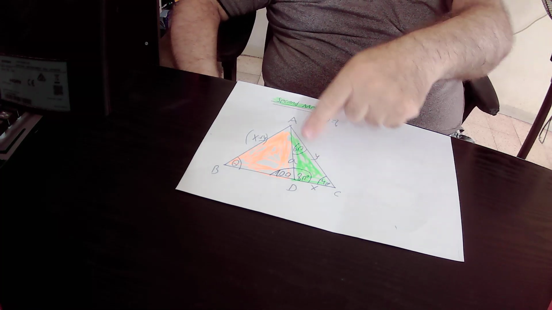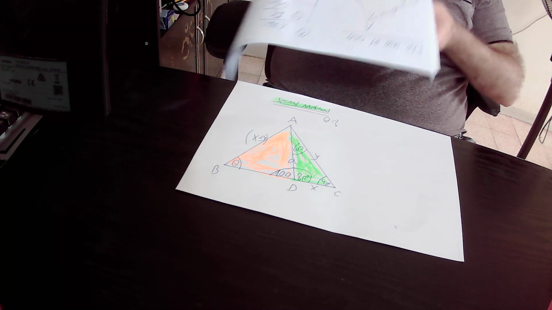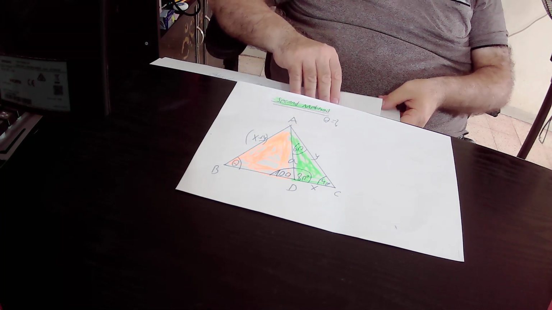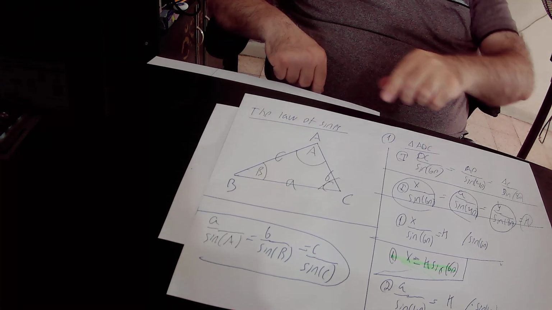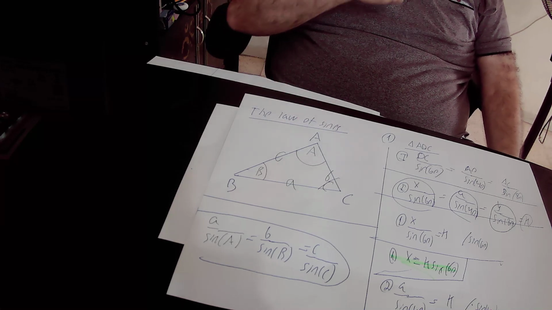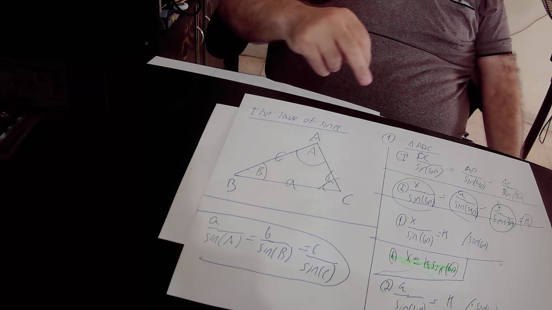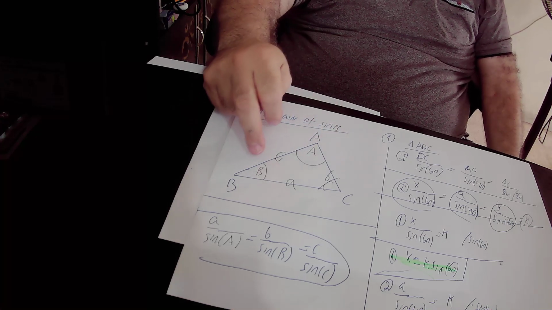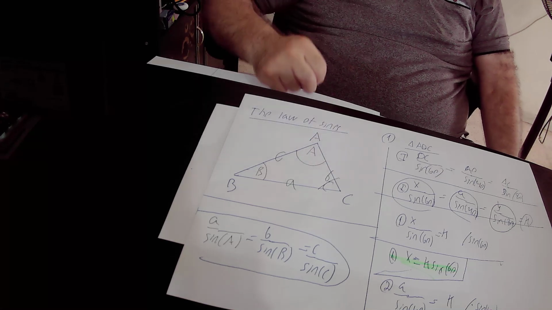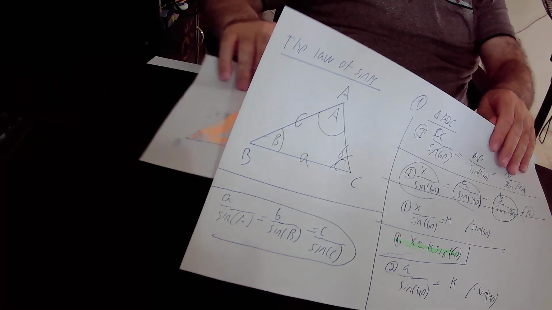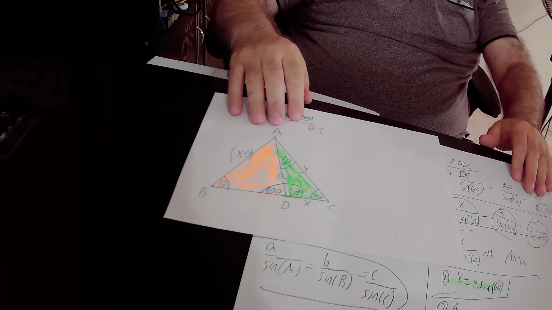Then we define side AD as A, and then I presented to you the law of sines, and we implemented the law of sines in our triangle. According to the law of sines, in this triangle ABC, a over sine A equals b over sine B equals c over sine C. Then we implemented the law of sines in the green triangle ADC.